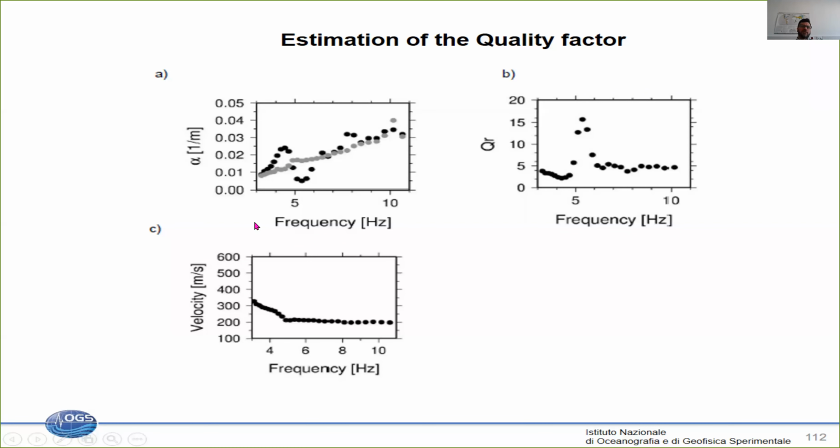Okay, but now we have the phase velocity, so our dispersion curve. We have the attenuation coefficient and the quality factor for Rayleigh waves, but as usual, I want the shear wave velocity of the underground, and I want to have the quality factor for shear waves, the profile of the underground, because when I make a numerical simulation of ground motion, the quality factor is quite an important parameter.